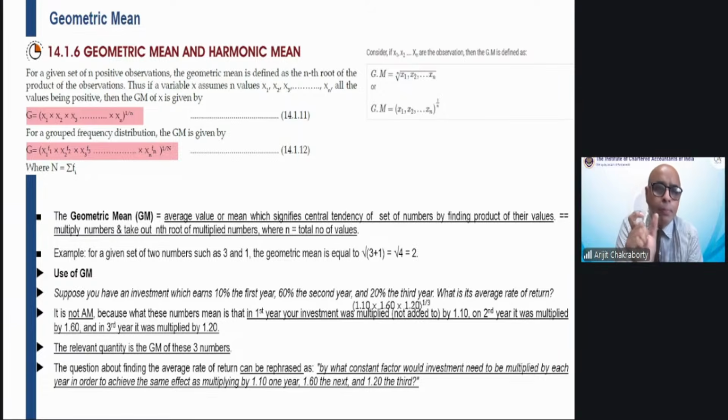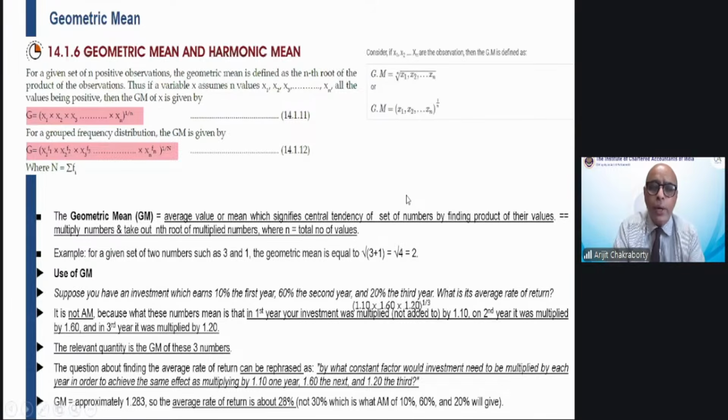So the multiplier is different for different years. But the moot question is, what constant factor, if multiplied year on year, will give us the same effect? Whatever effect I get when I multiply the investment by 1.10, 1.60 and 1.20, the same effect I must get with a constant factor. This constant factor is the geometric mean.